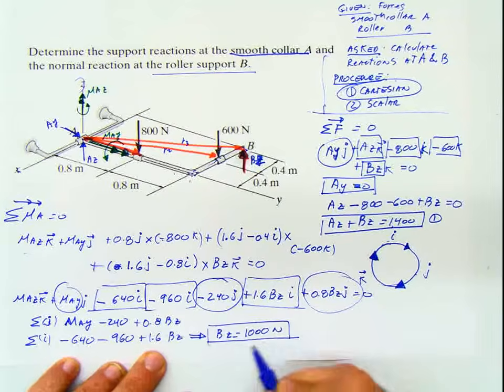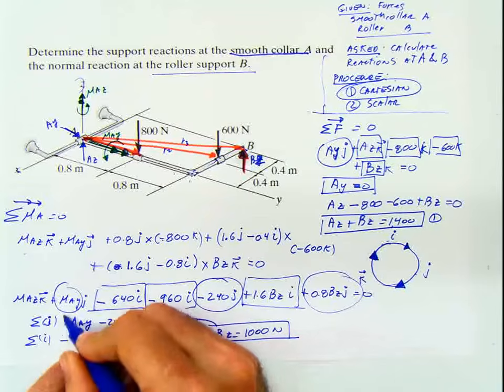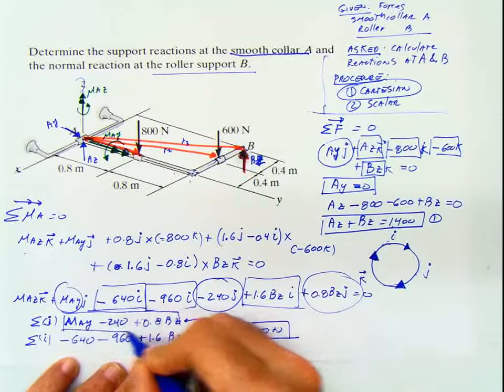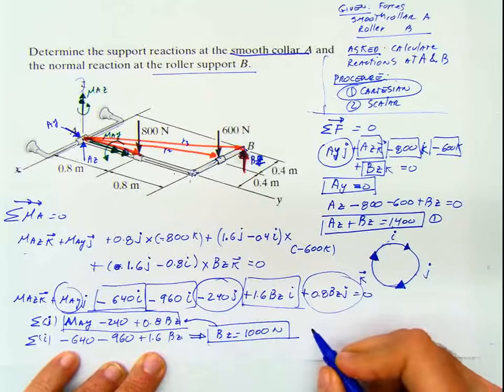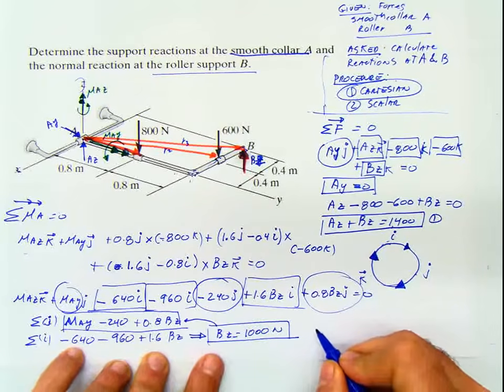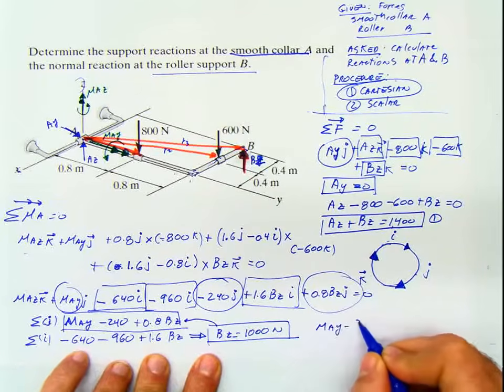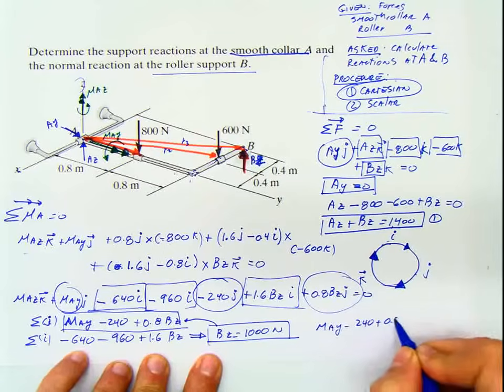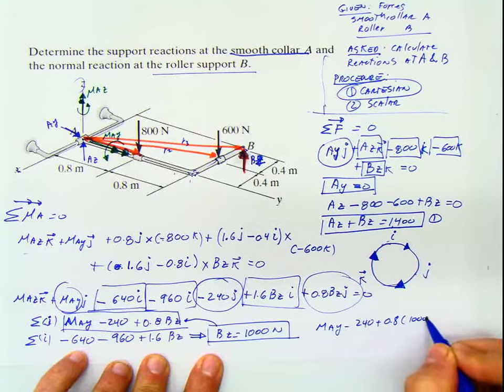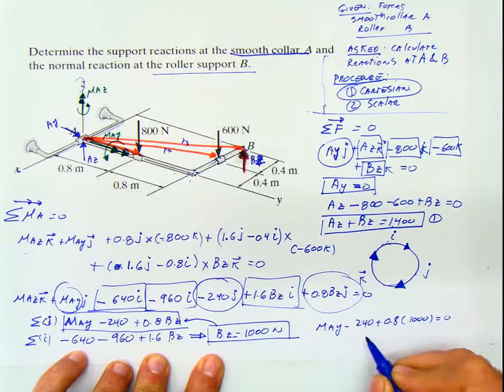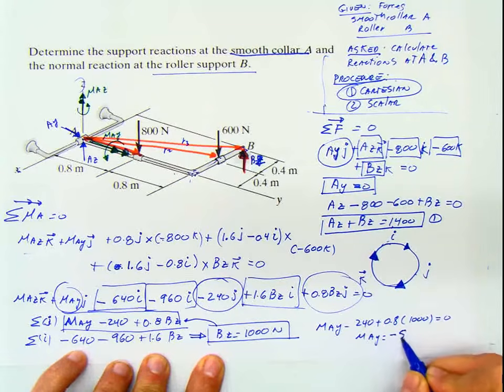Now I can get this BZ and plug it into this equation that I got here, and then I can get that MAY minus 240 plus 0.8 times 1000 equals 0. So MAY equals negative 560 Newton meter.